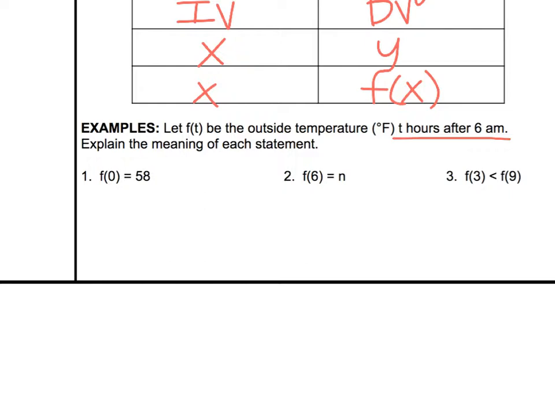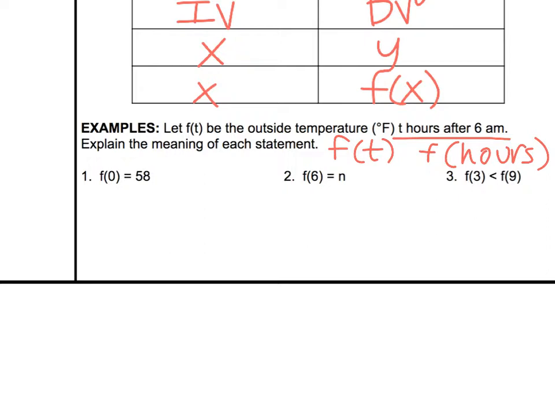So let's explain. It says f of t. But really, you know that to mean, what does t stand for? Hours. So really what we're doing is we're inputting the amount of hours, and we're saying we get out a temperature. So my input is the hours, my output is the temperature.